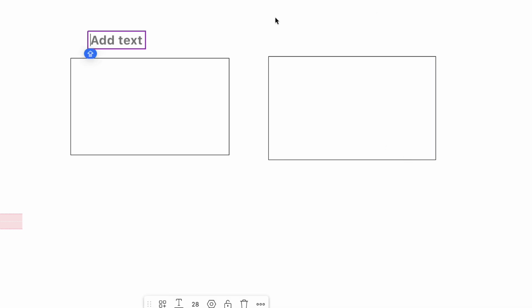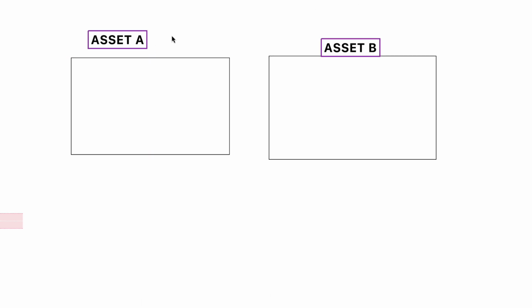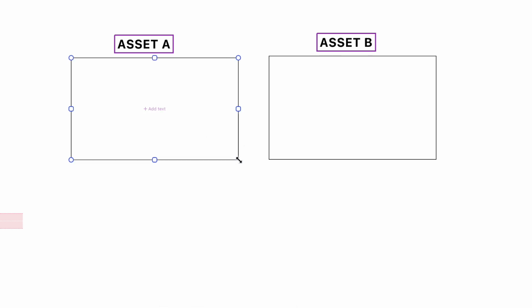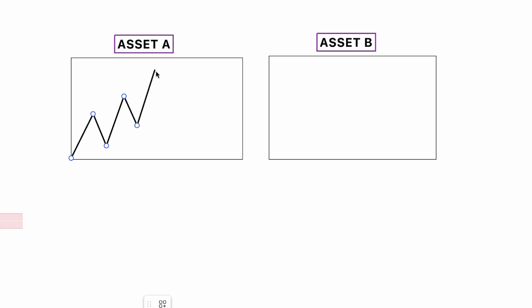Let me keep another one here. Beautiful. So let's call this asset 1 and 2, or we can call it asset A and asset B. These are two different assets. If asset A is supposed to be positively correlated to asset B, and asset A is going bullish, it's going to be like this.